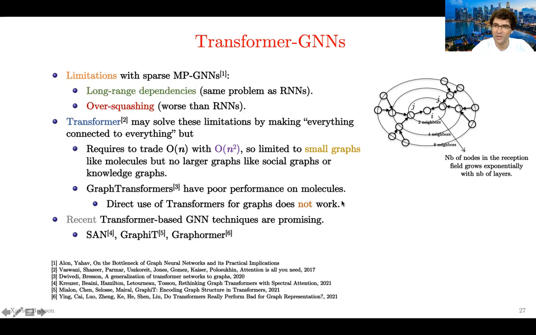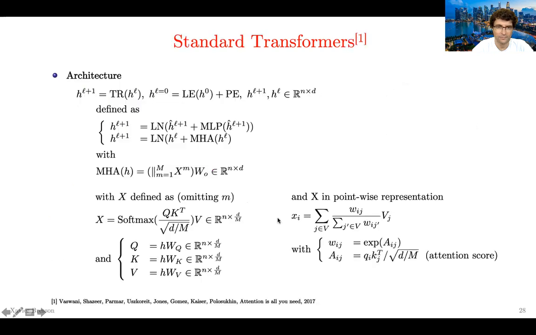So more is needed to make this work, and that was presented recently in some recent papers on transformer-based GNNs, which are quite promising, with SAN, Graphormer, and GraphiT. Here is the standard transformer architecture. This is the next layer, the previous layer.